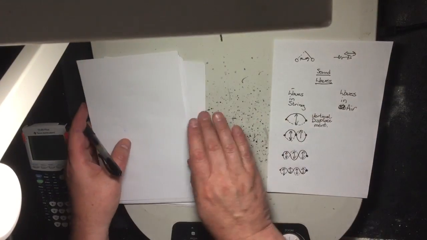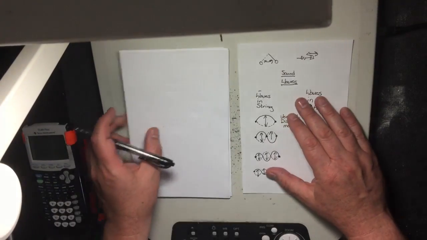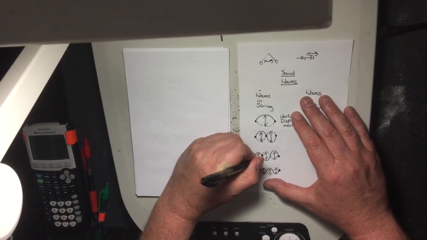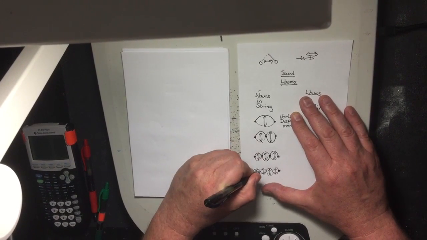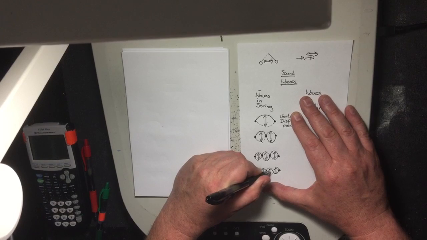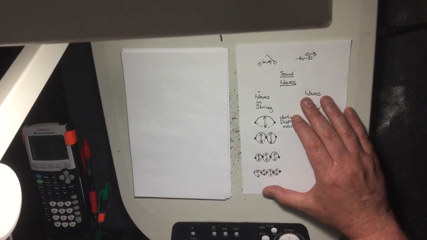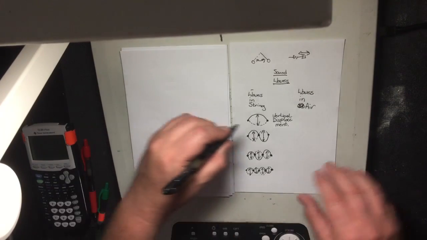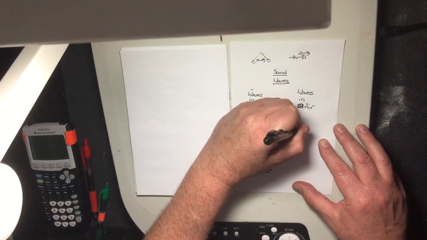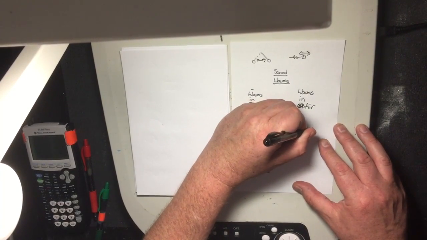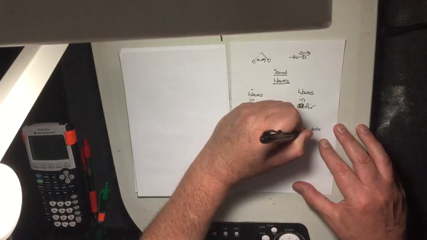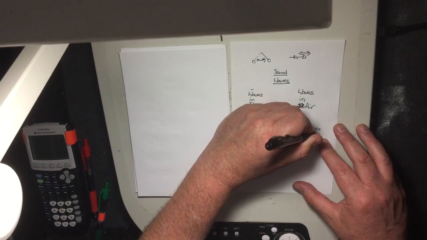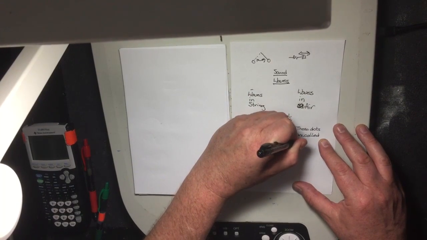The regions where it doesn't move at all in terms of its amplitude, I'm going to mark with a black dot. These black dots are called nodes.